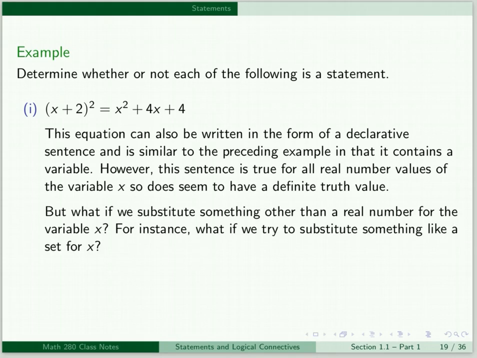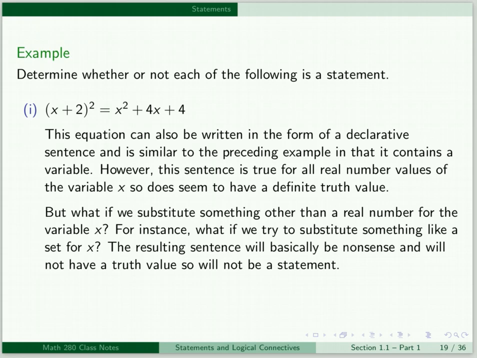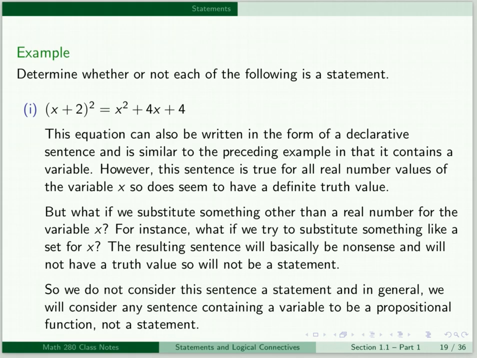But what if we substitute something other than a real number for the variable x? For instance, what if we try to substitute something like a set for x? The resulting sentence will basically be nonsense and will not have a truth value, so it will not be a statement. So we do not consider this sentence a statement, and in general, we will consider any sentence containing a variable to be a propositional function, not a statement.